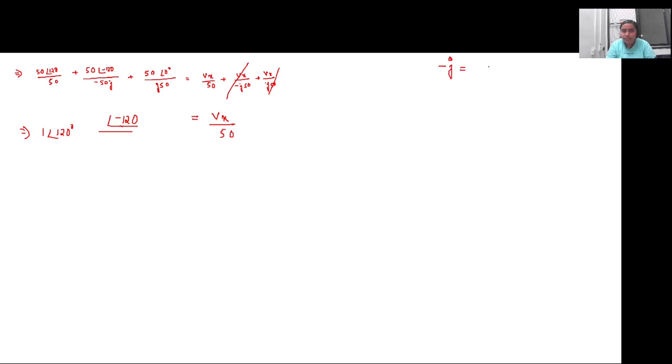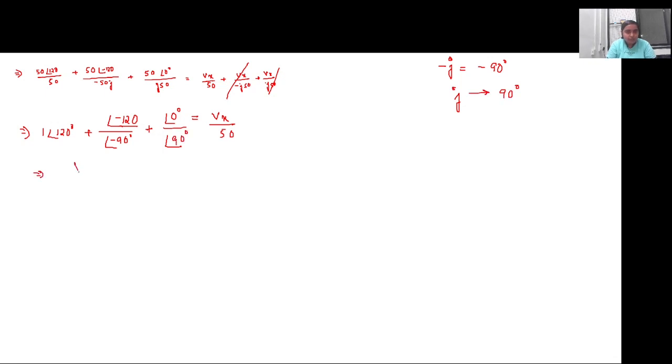Minus j is equal to minus 90 degree. And for the third term it is 0 degree in the numerator, and in the denominator the angle is plus 90 degree, right?